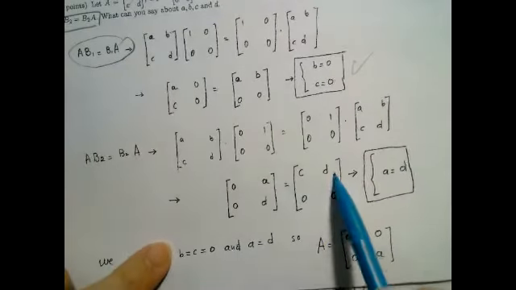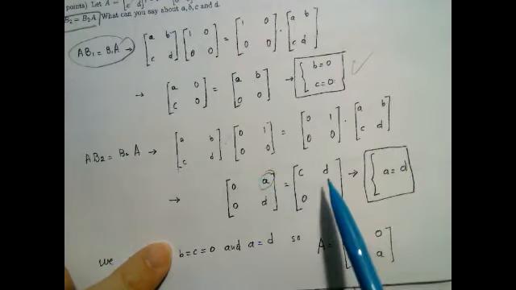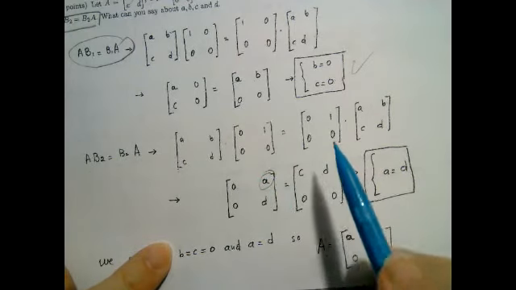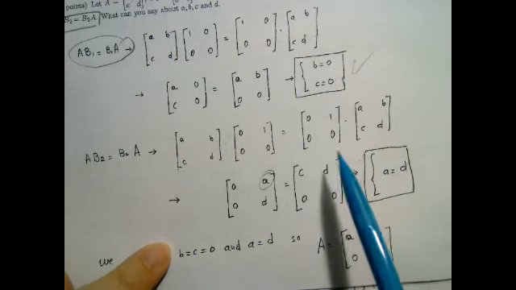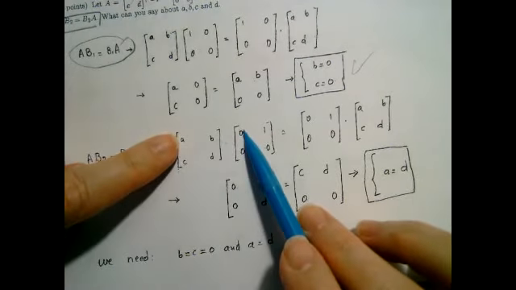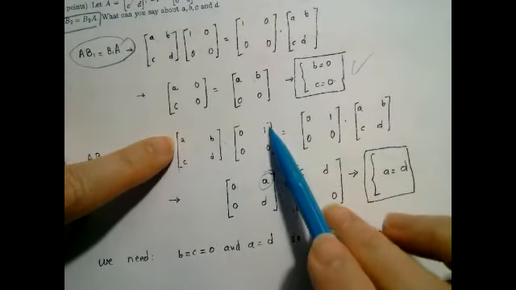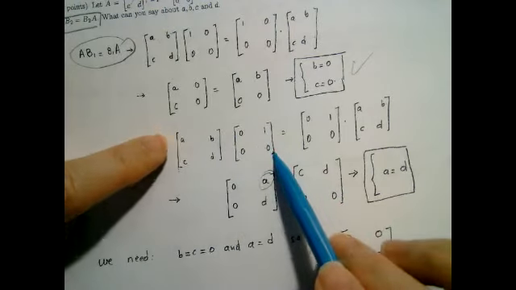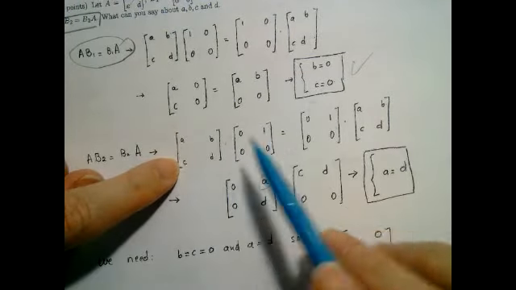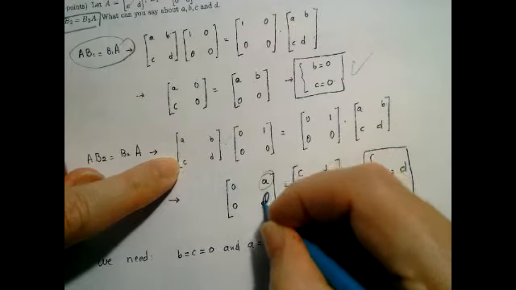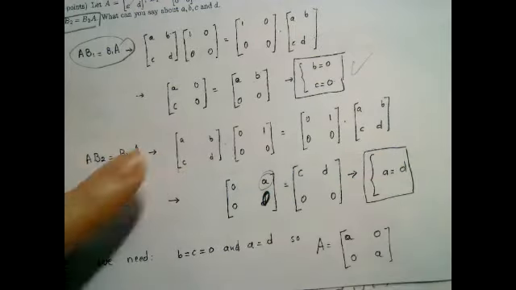This occurs when A... okay, that should be a mistake. 0, 0, A plus B, 0, 0, and this should be a 0. So I have a slight mistake over there. That should be a 0.